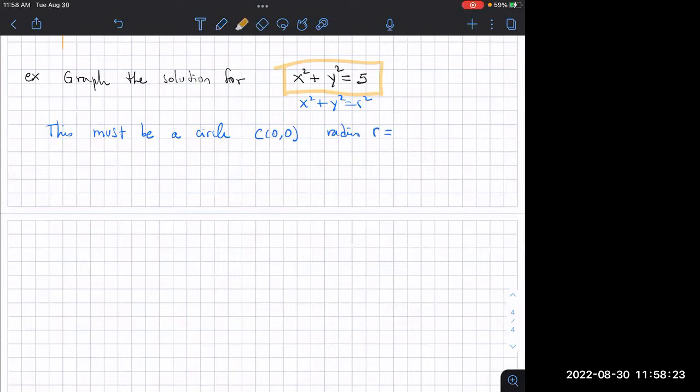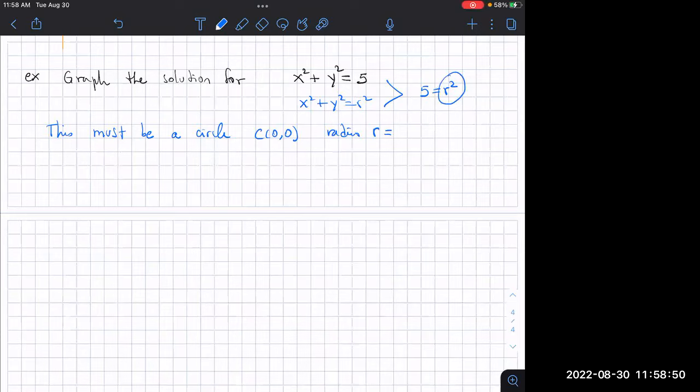So now the question is, what is r? Well, 5 must be r squared. Oh, the other way around: 5 equals r squared. So what is r? After you square it, you get 5.